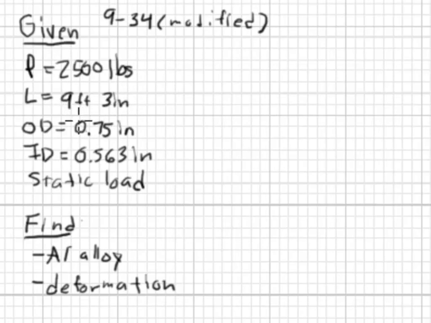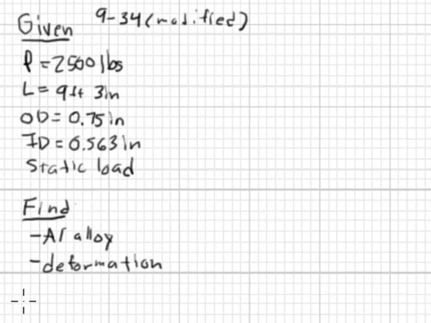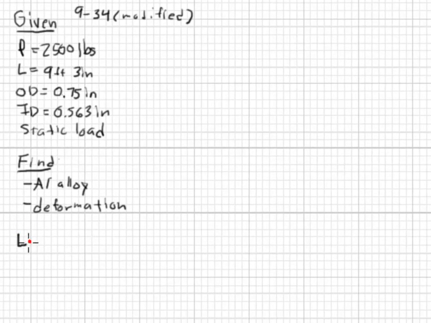The tube has an outer diameter of 0.75 inches and ID of 0.563 inches, and we are told that it is a static load. So we'll have to look up a couple of things as well, but we'll get to that in a moment.